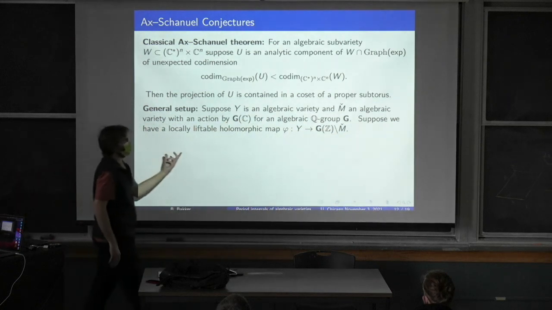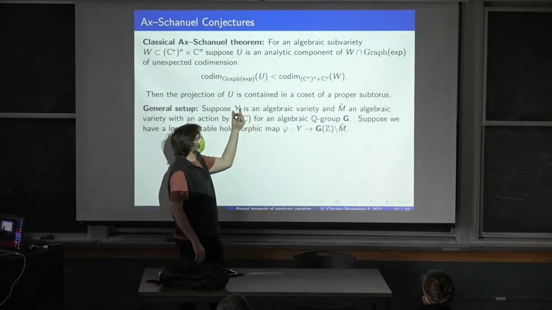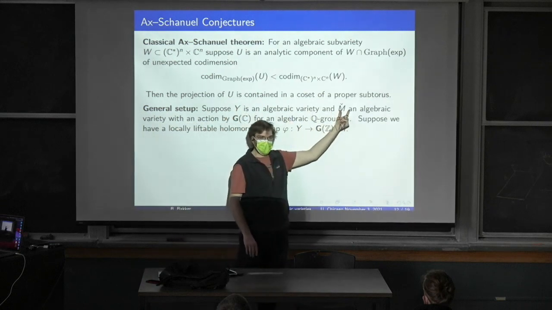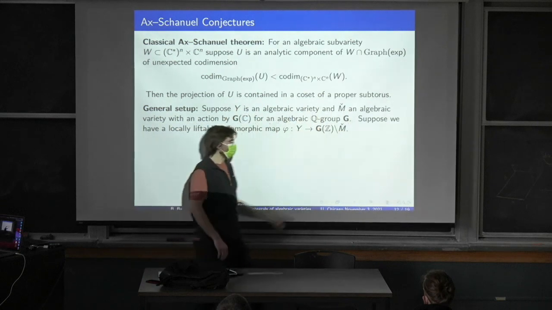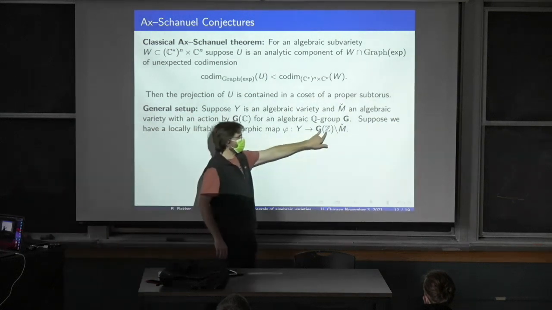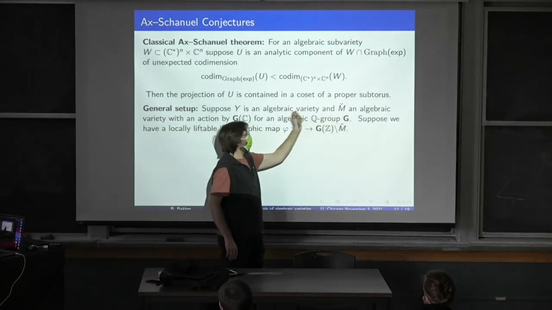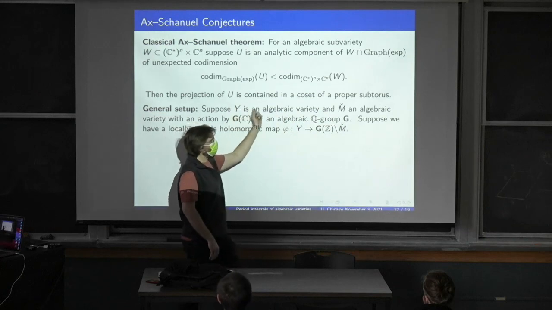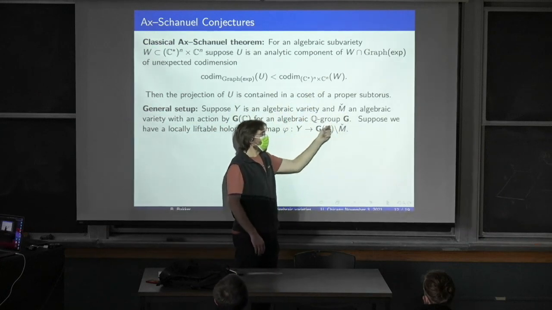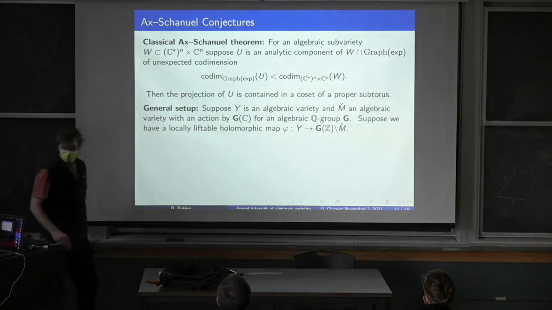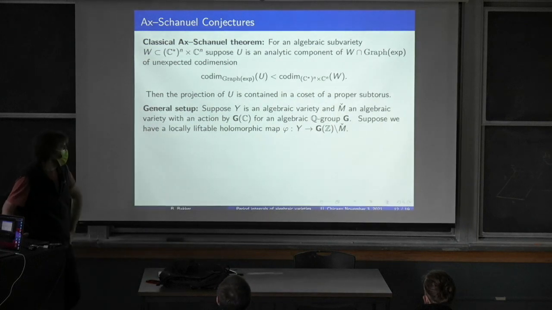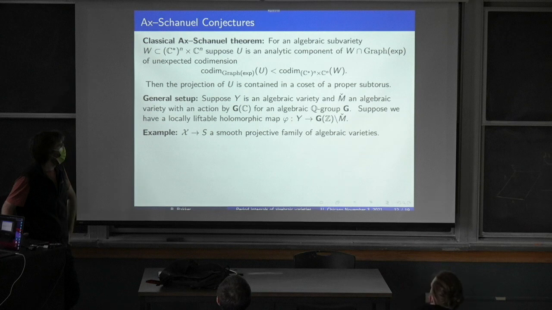What I'm actually doing is capturing the data of holomorphically associating to Y a point in M hat, up to some monodromy. That's why this quotient by Z is showing up. We want to associate to points in Y objects parameterized by M hat, modulo monodromy, which we're requiring to be in sort of the integral points. Okay, so that's a general setup.